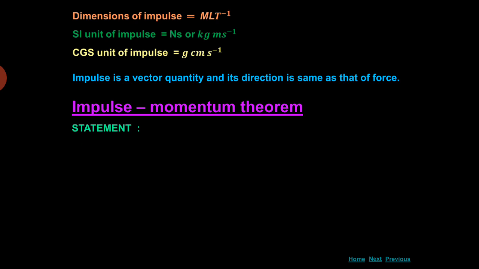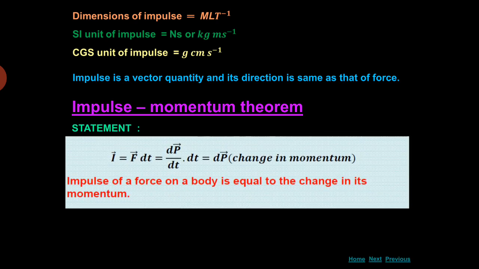Now come to the second topic, the impulse momentum theorem. First of all, let us give its statement. Impulse of a force on a body is equal to the change in its momentum. J vector is equal to F vector multiplied by the time dt. It is equal to dp vector by dt multiplied by dt.